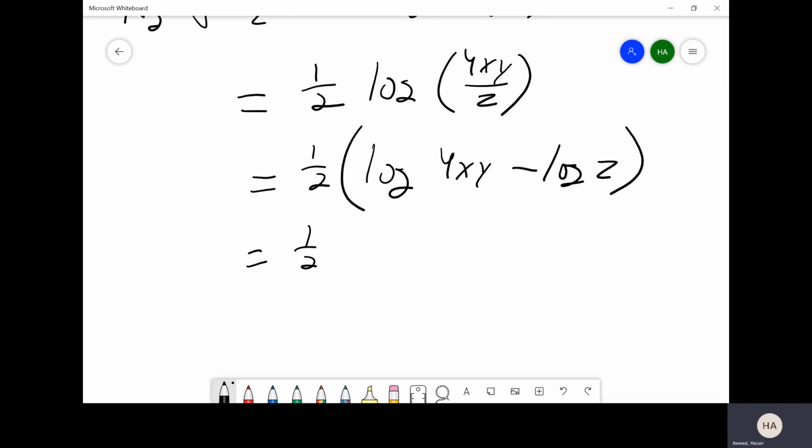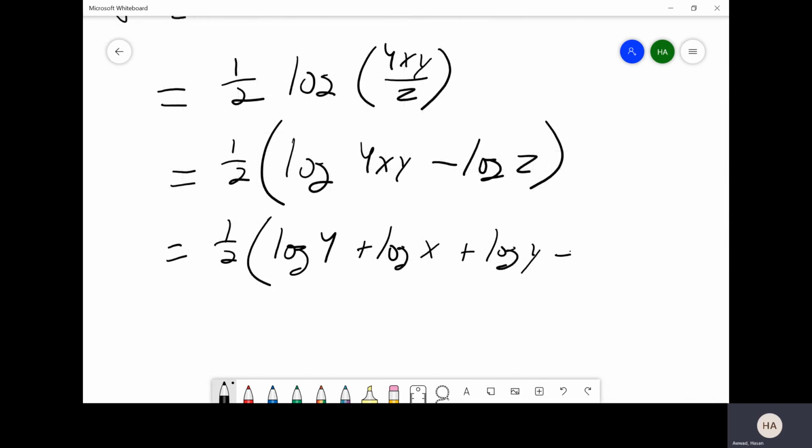So I'm just going to use my product rule, I should say, and split all these up. So I now have log of 4 plus log of x plus log of y. And now we just bring down that minus log of z, and that's essentially it.